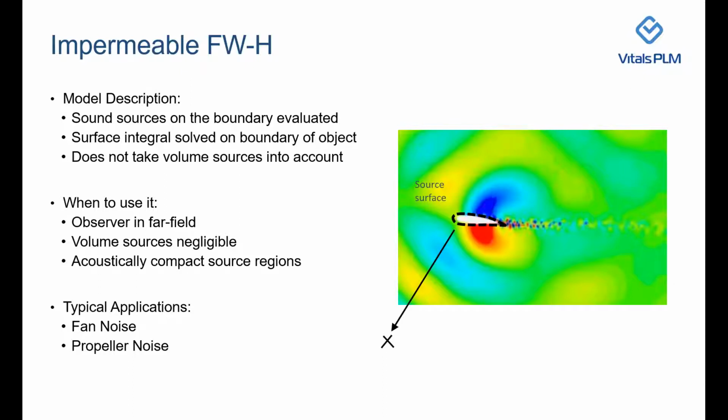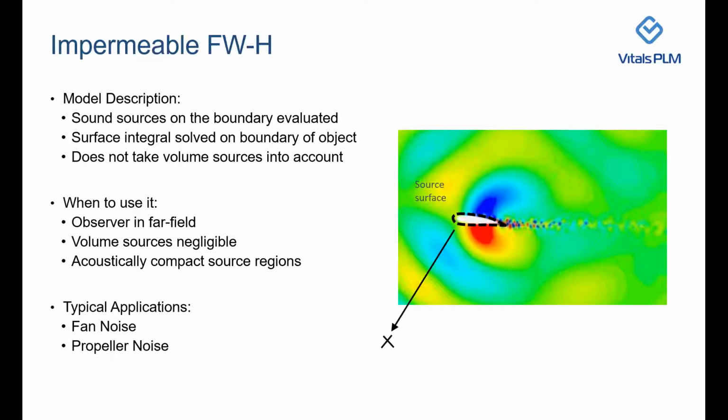And this model will not take the volume sources into account. The typical use case for this impermeable FW-H model is when the observer is in the far field.